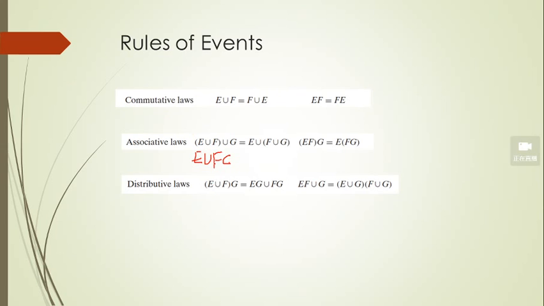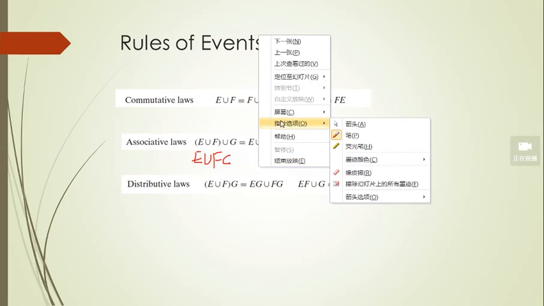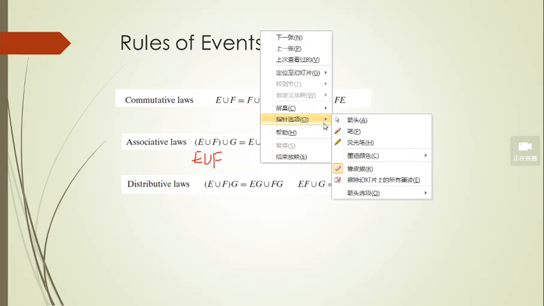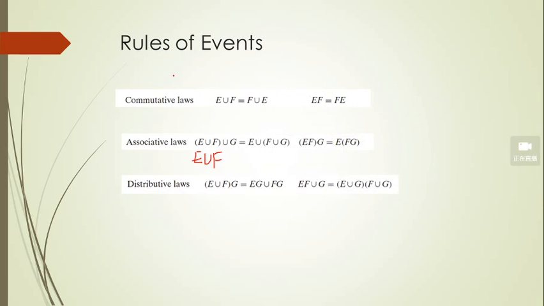Sorry, E union F union G, not belongs to. So what is the union of three events? What is the outcome for the union of three events, E union F union G? That will be the outcomes that occur in event E, event F, event G, or in any intersection of any two of those events, or in all three events, right?